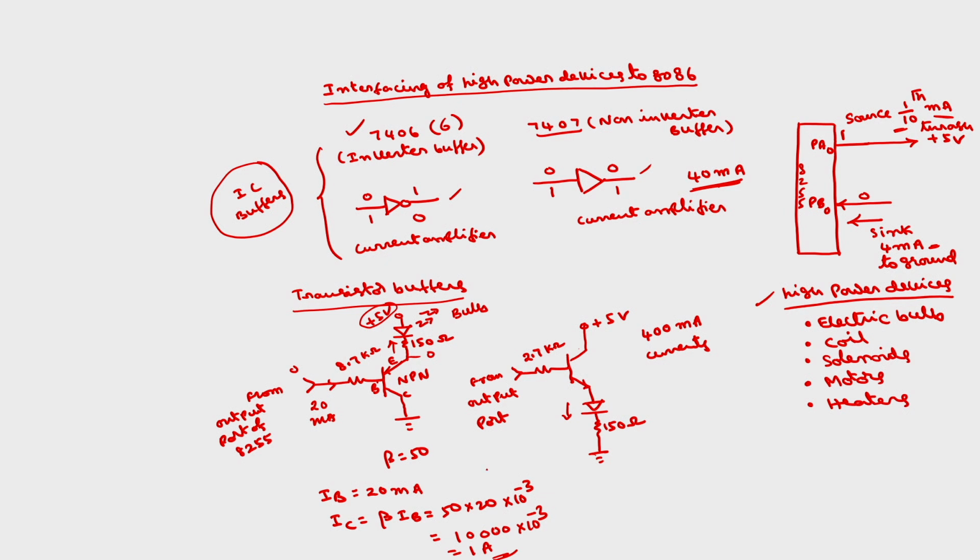This is how we can use these buffers to amplify the current, thereby driving moderately high power devices. If we want even higher currents, this depends upon the beta.